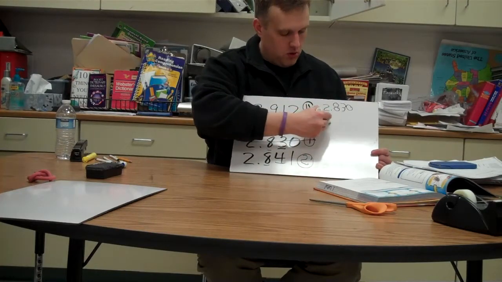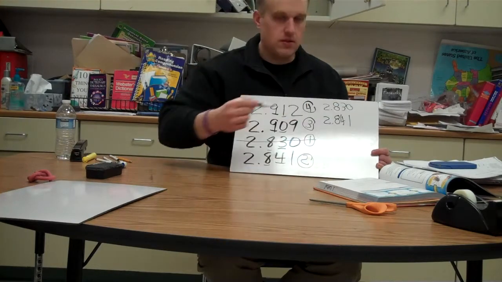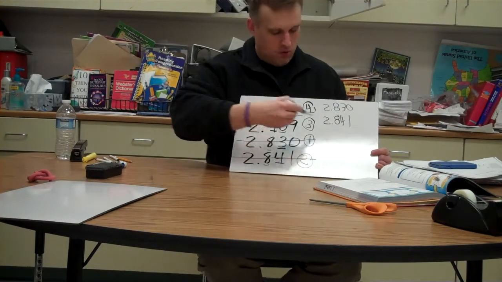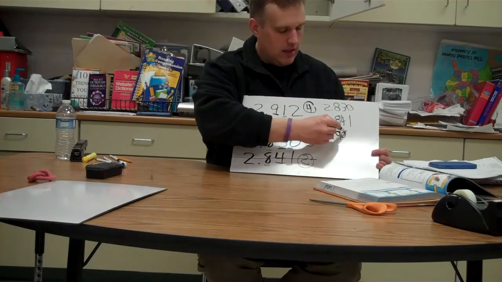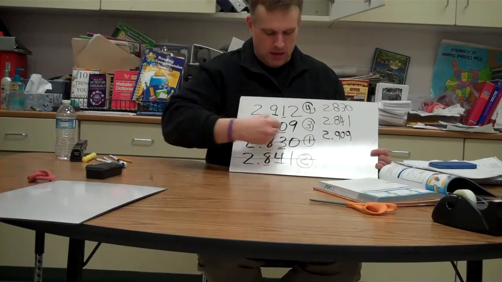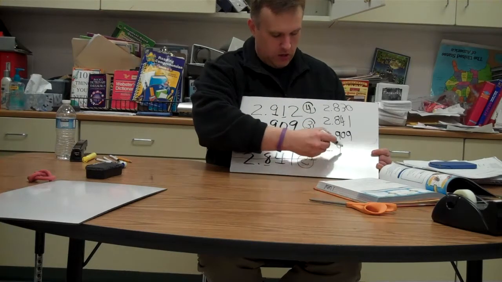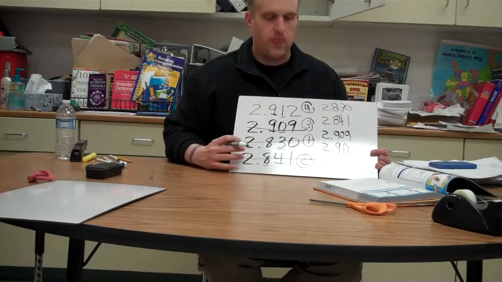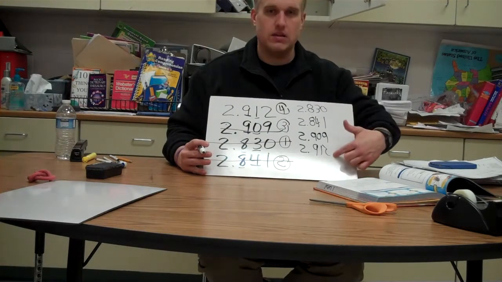Then I'm going to write 2 and 841 thousandths. Then I'm going to write 2 and 909 thousandths. And then I'm going to write 2 and 912 thousandths. Okay? And that would be least to greatest.